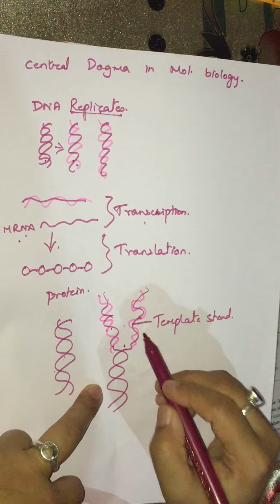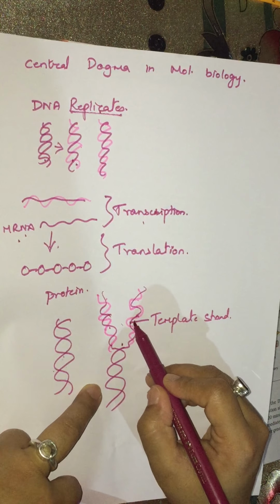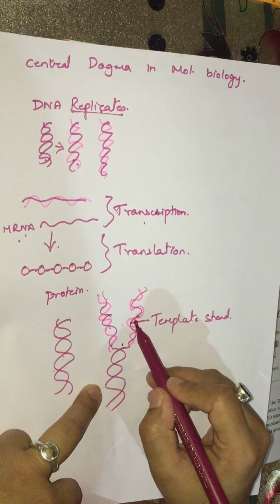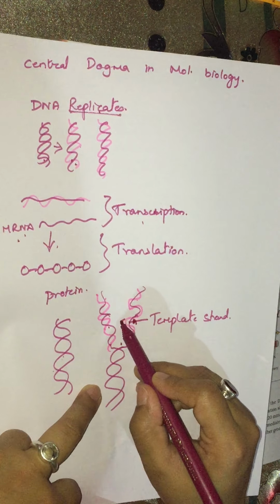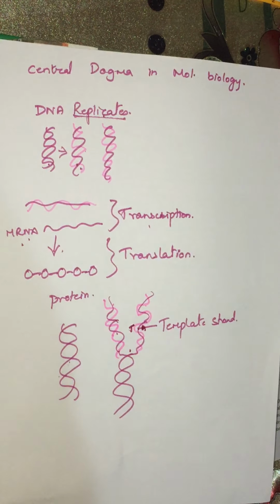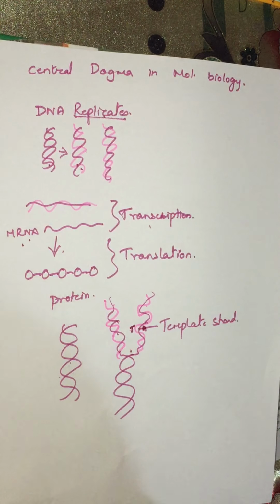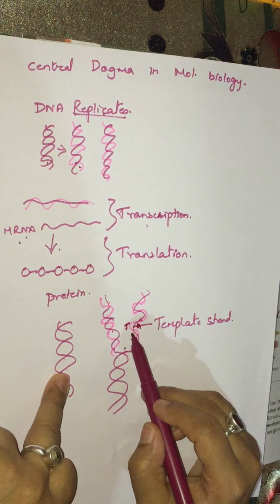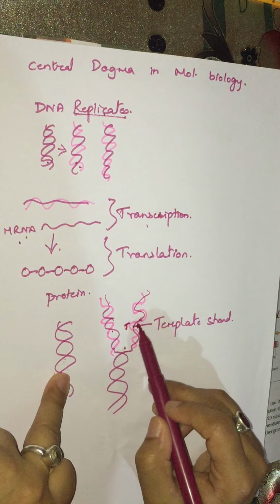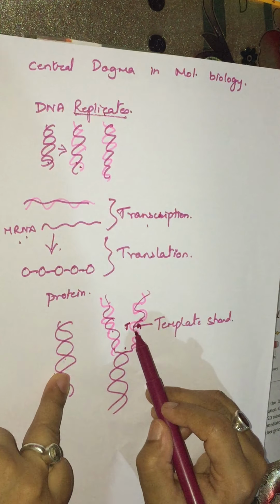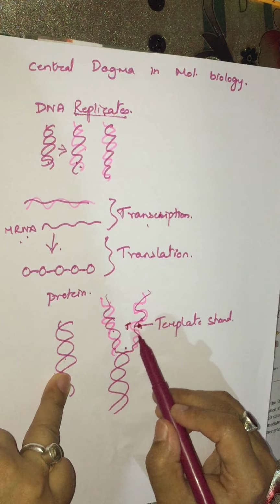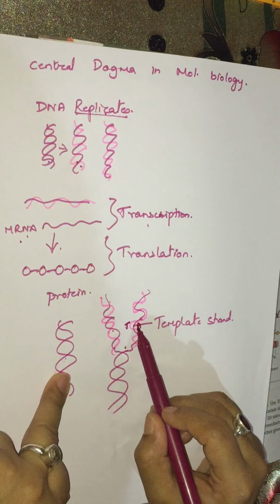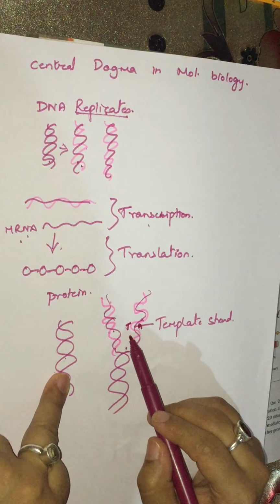That means if there is a particular nitrogenous base in the template strand, then in the newly synthesized strand comes its complement, because when this new DNA is synthesized, the new strand and the parental strand must be able to form the helical structure again. So in order to form that stable helical structure, the nitrogenous bases must pair with each other.